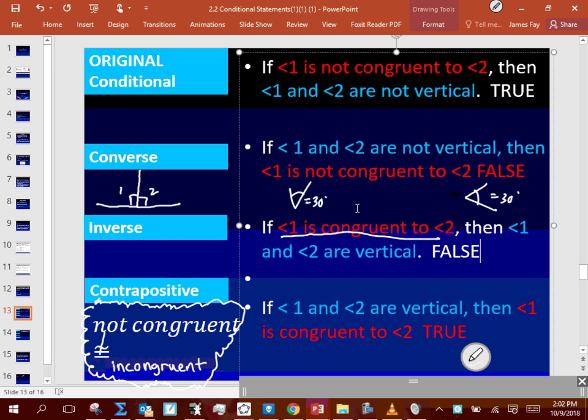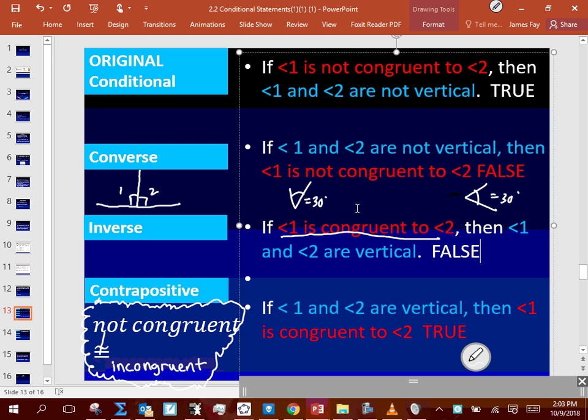In a good portion of the assessments in this class, tests and quizzes over this chapter, I'm going to give you a handful of these written out, or that you have to write out, and then decide whether they're true or false. And hopefully we only have to answer 2 of those. Here I really only had to answer the contrapositive, true or false, and then the inverse, true or false, and that automatically gave me the other 2. So it's kind of a time saver.